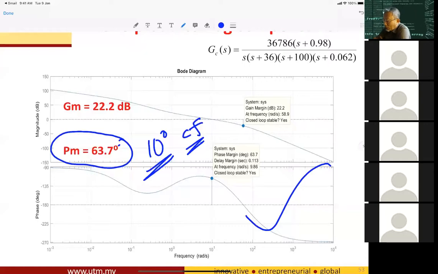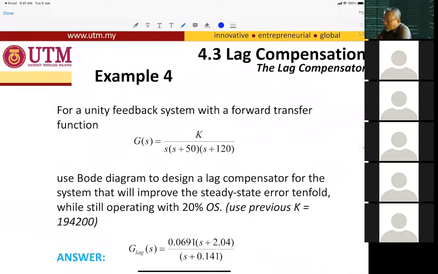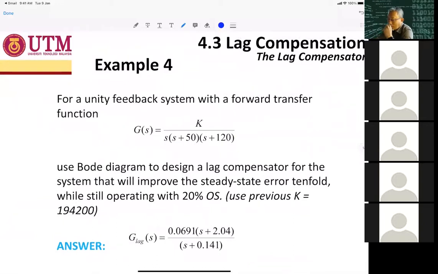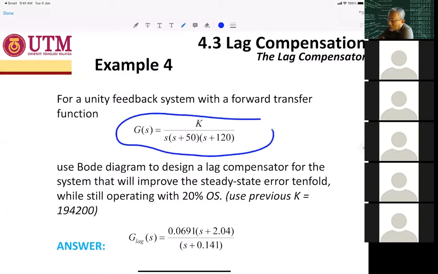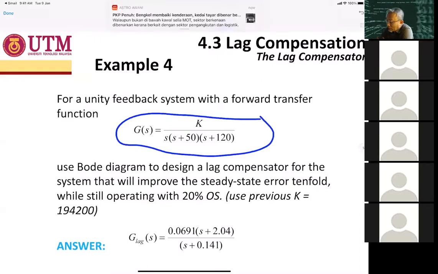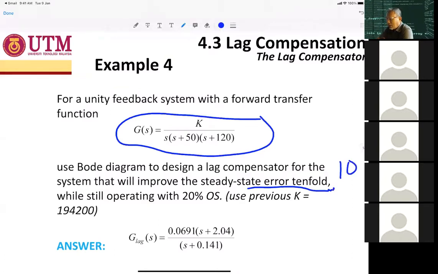If there are no questions, we go to example 4. Example 4 is another example of a lag compensator. For a unity feedback system with the forward transfer function G equal to K divided by S, S plus 50, S plus 120, use Bode diagrams to design a lag compensator for the system that will improve the steady state error tenfold, while still operating with 20% overshoot.